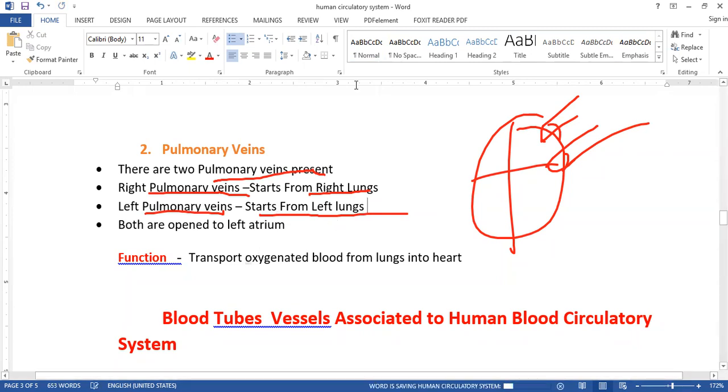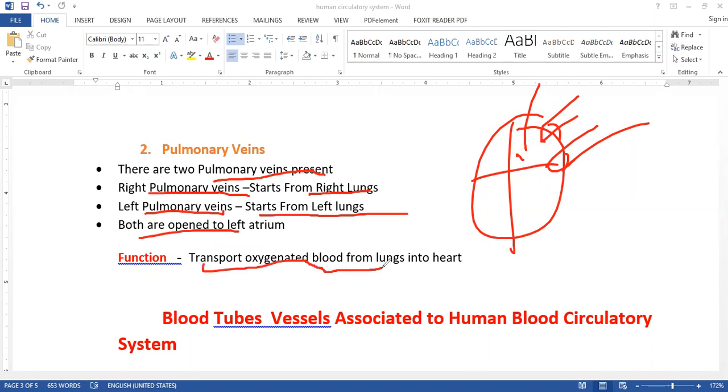And both open to the left atrium here. The main function of this one is to transport oxygenated blood, which means blood with oxygen present, from the lungs to the heart. So let's draw something interesting now. You will understand pretty clearly based on this.